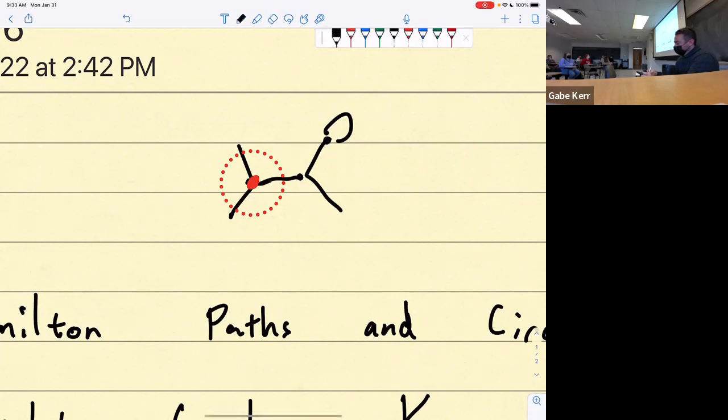I look at the edges that are connected to that vertex, and I count them. Now, if I do that same thing with this vertex, what's the degree of that vertex? Also 3, right? Even though there's one loop, one edge, it's still degree 3 because there are 3 half edges coming out of it. That make sense?